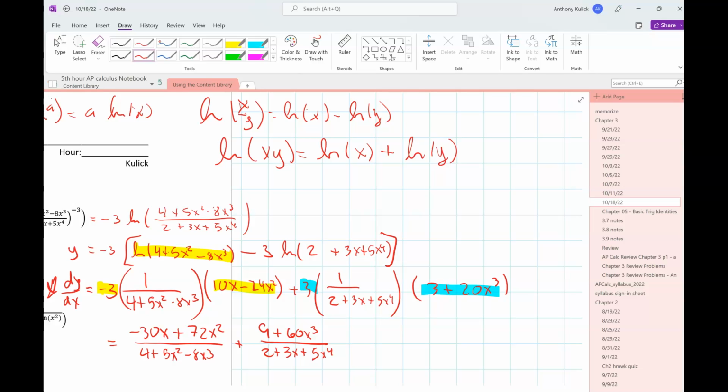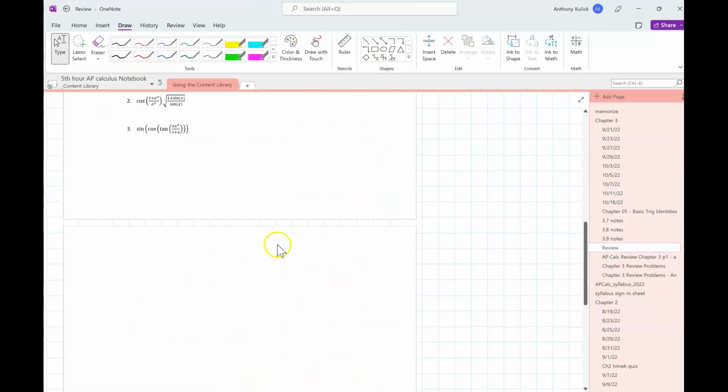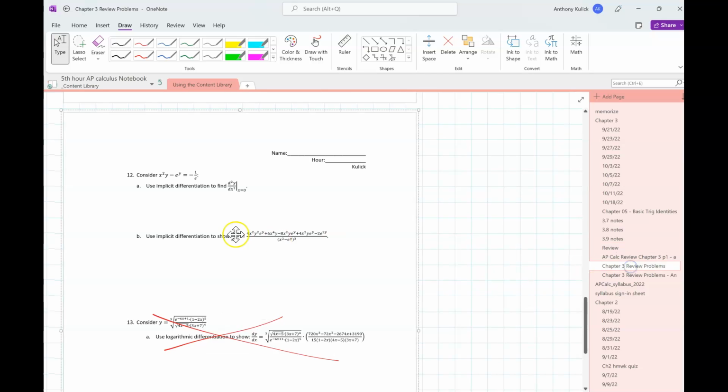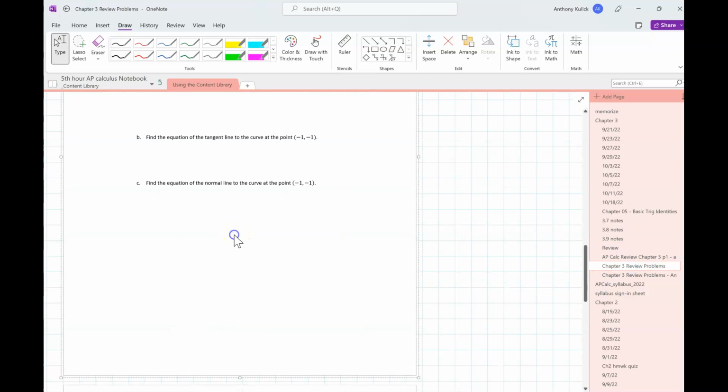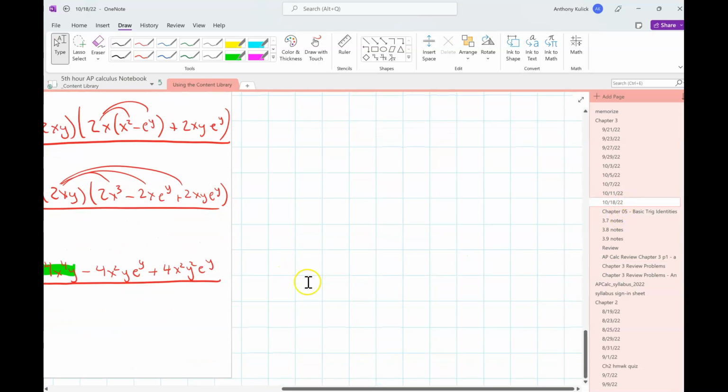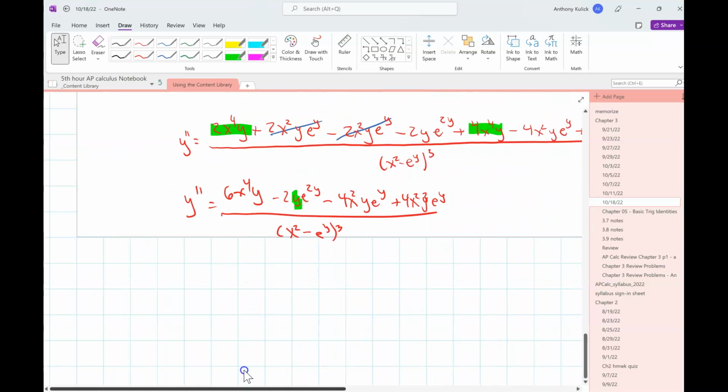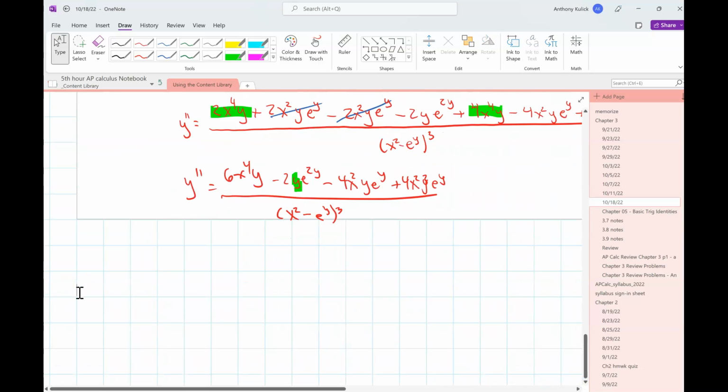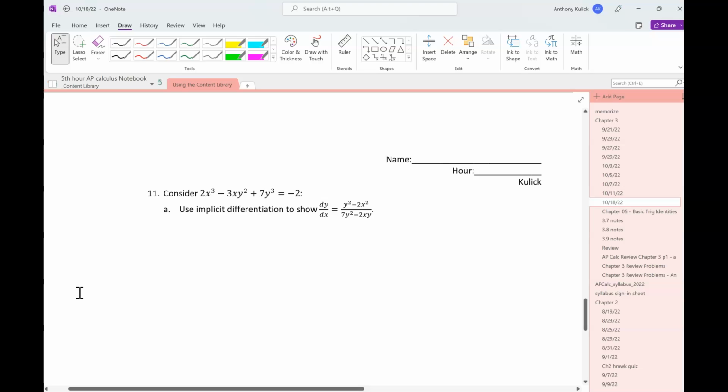That was the other page we haven't looked at yet. Problem 11a says use implicit differentiation to show that the given derivative holds. So I'm going to start with calculus.